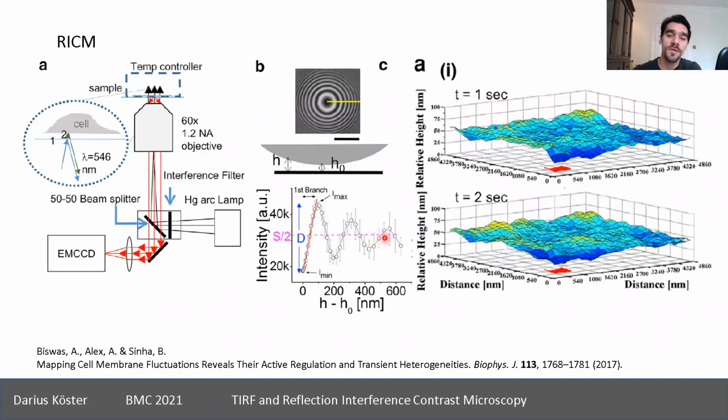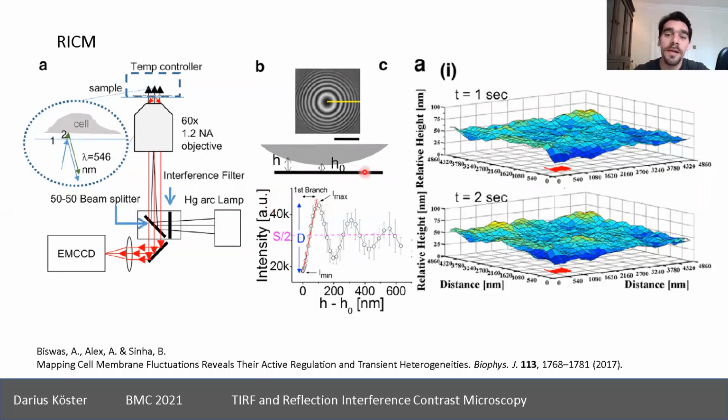When you go further away from the substrate, let's say at 600 nanometers, you still get a maximum, but the total intensity is much lower. If you have these two pieces of information, then you can really calibrate your system and say in which range the fluctuations are.